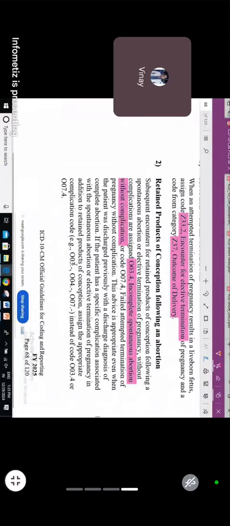Spontaneous, automatically, it happened on its own, abortion. Okay, but it's incomplete. The baby fetus got aborted automatically, spontaneously, but few traces are still in the uterus. That is incomplete spontaneous abortion.